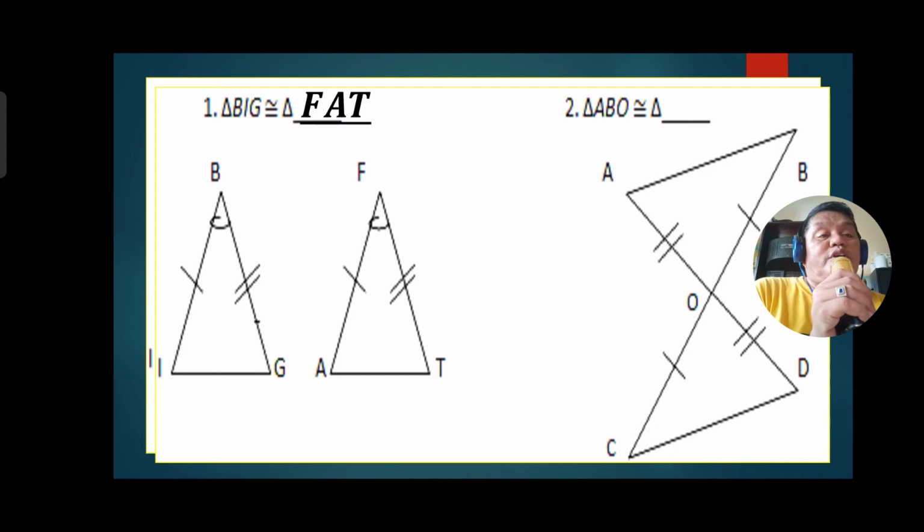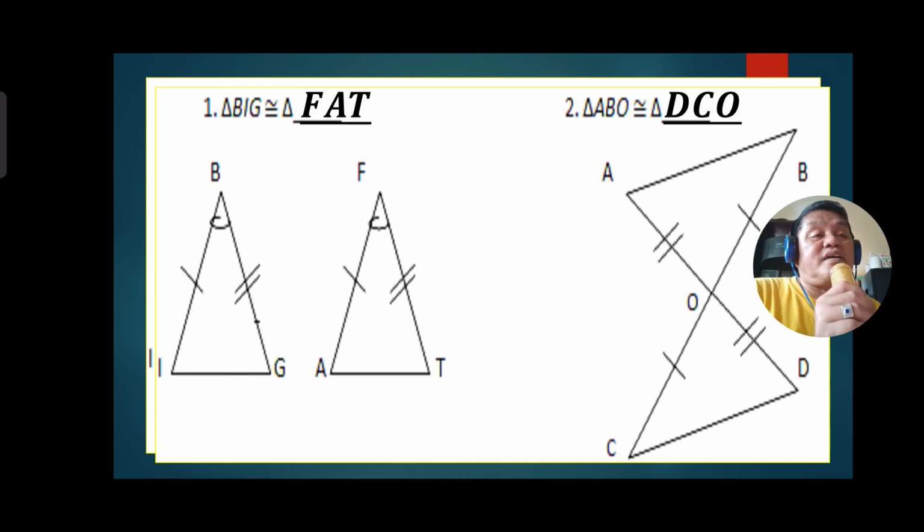And number 2, you are going to find the congruent triangle of triangle ABO. From the two triangles at the right, the congruent triangle of triangle ABO is triangle DCO.